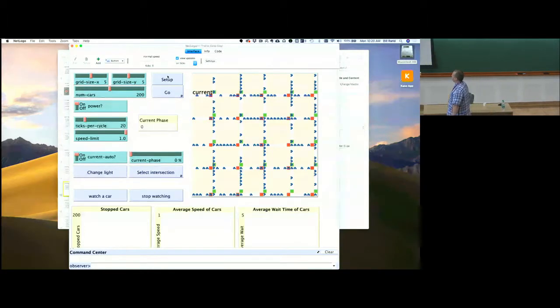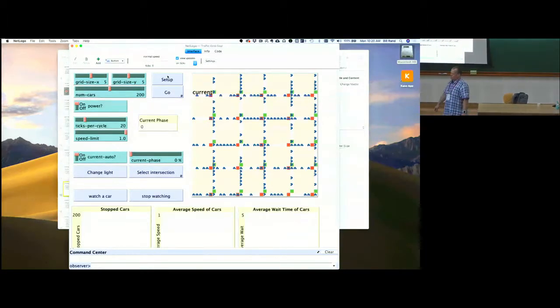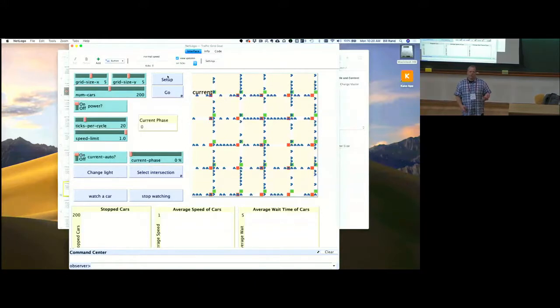And this is actually, interestingly enough, this model was originally created not to talk about how people move around, but to think about how timing of traffic lights affected patterns. But we're going to ignore that part of the model completely. That's a good thing about agent-based modeling.